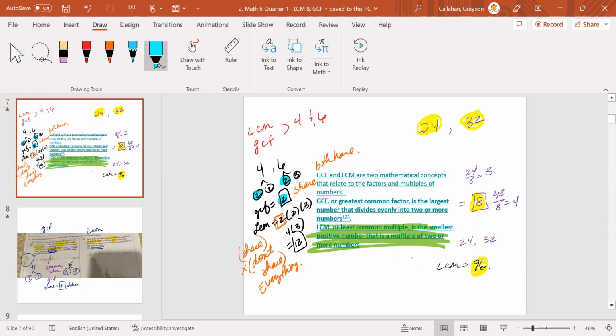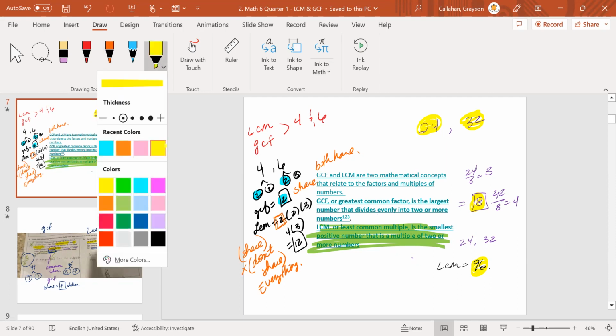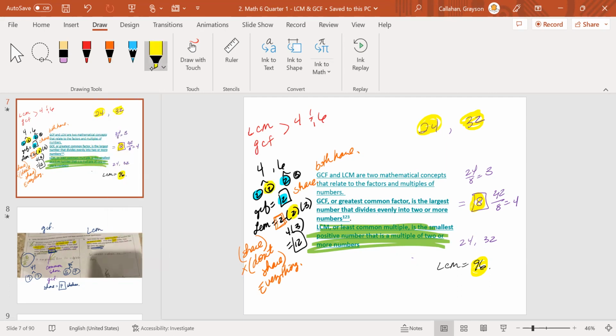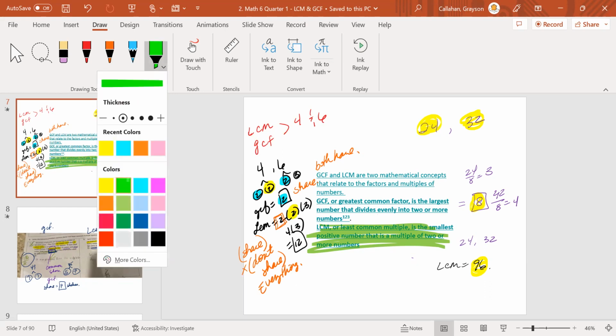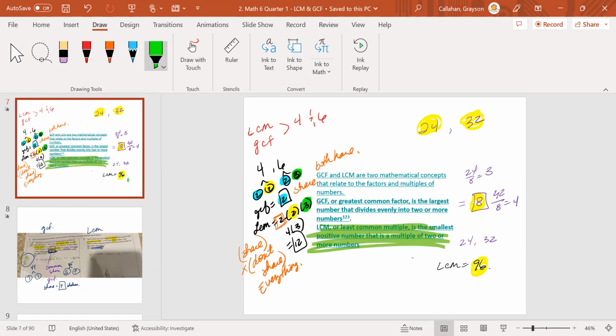But then also, what do they not share? Another extra 2, and what else? A 3, right? So you do 2 times 2 times 3, which is going to give you 12. Do you see that? Lowest common multiple is always going to end up a bigger number than the greatest common factor.